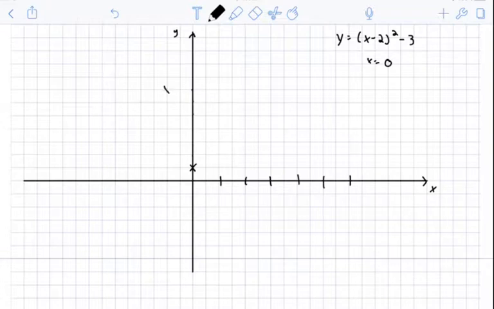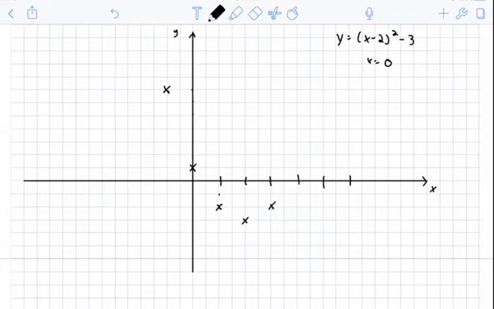When x is equal to plus 1, 1 minus 2 all squared is 1, minus 3 is minus 2. When x is equal to plus 2, that's 0 squared minus 3, which is minus 3. And when x is equal to plus 3, that's 3 minus 2 is 1, 1 all squared is 1, minus 3 is minus 2.